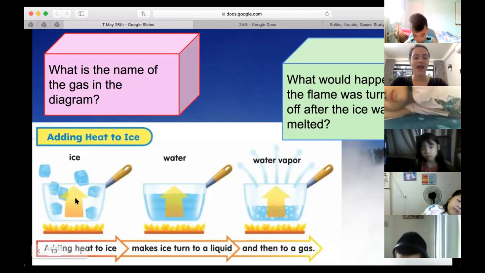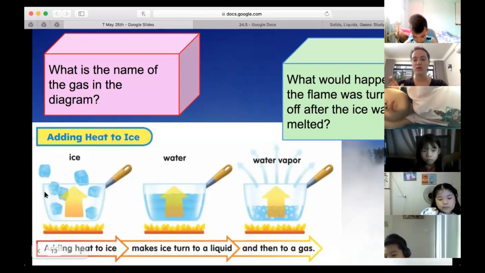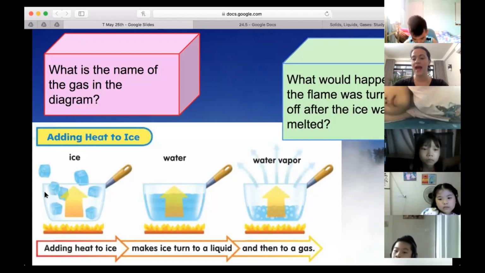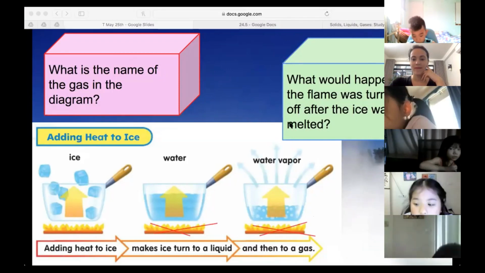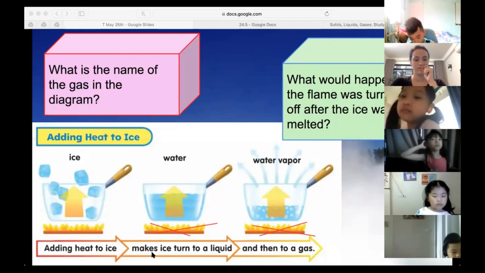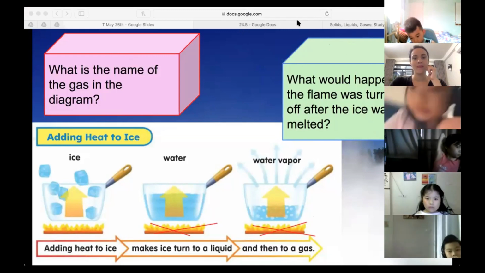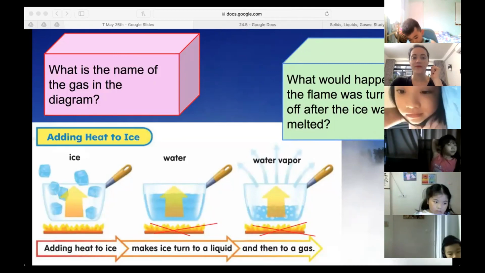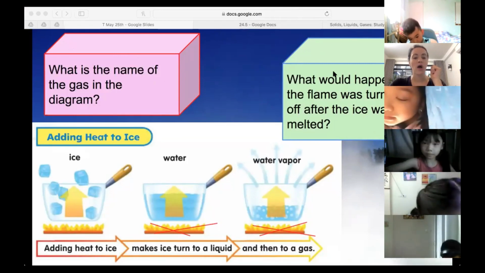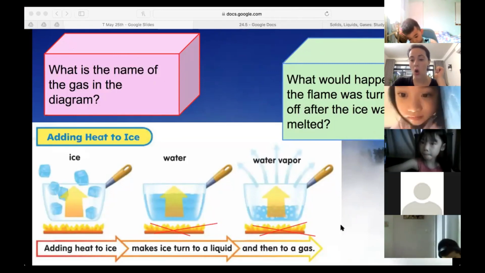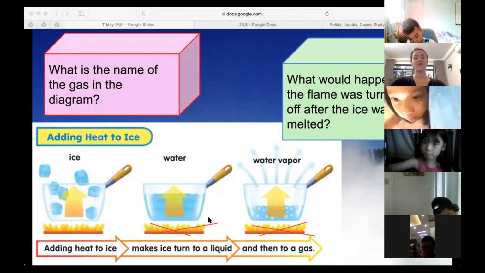So after the ice is melted and the flame was turned off, what would happen? Ben 10, what do you think? The water will stay liquid form. Excellent. It will not freeze, but it will not turn into water vapor because there's no more heat. It will stay the same.